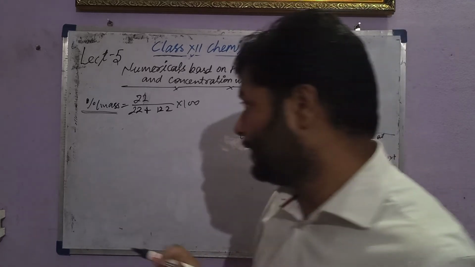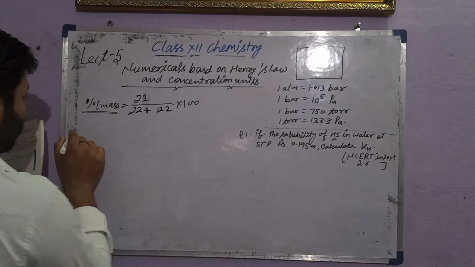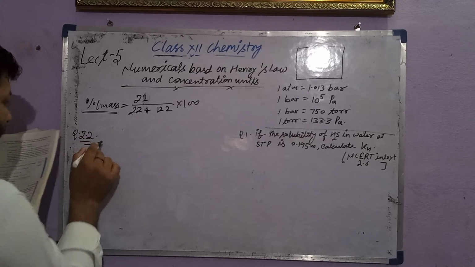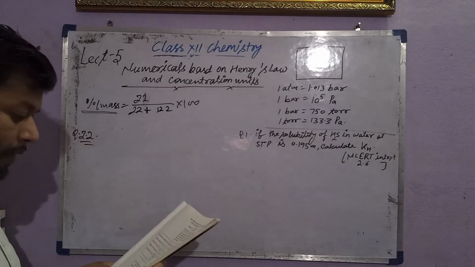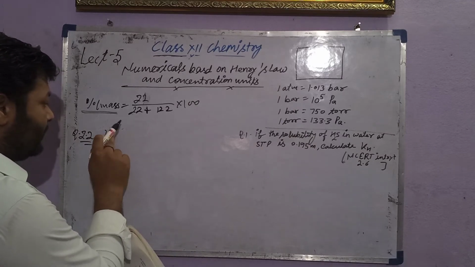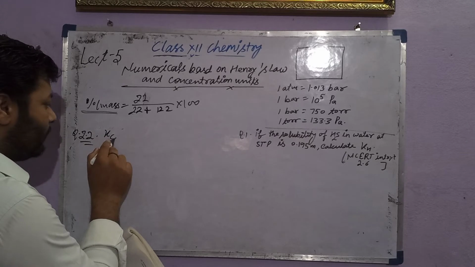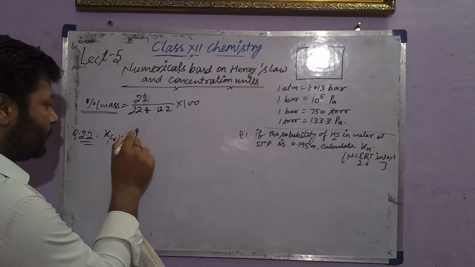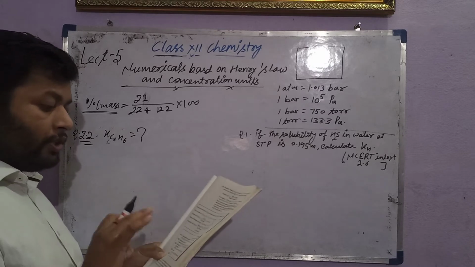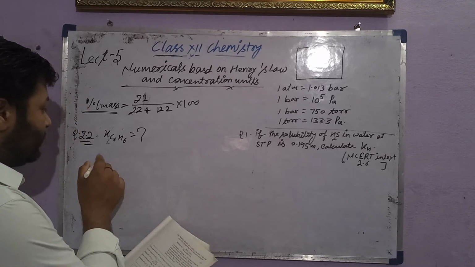You have to learn that. Question number 2.2: calculate the mole fraction of benzene, C6H6, in a solution of benzene in carbon tetrachloride. The solvent is carbon tetrachloride.